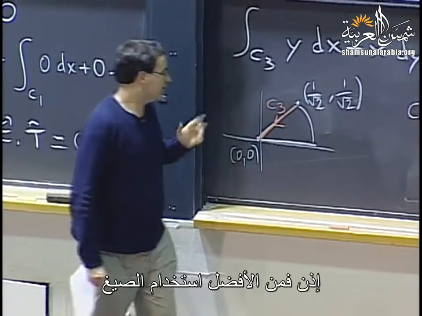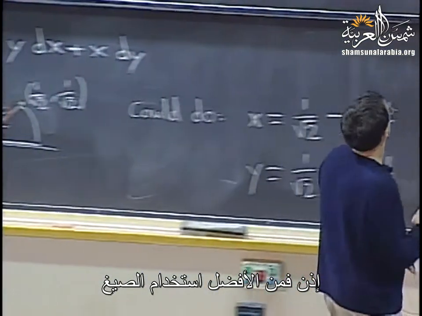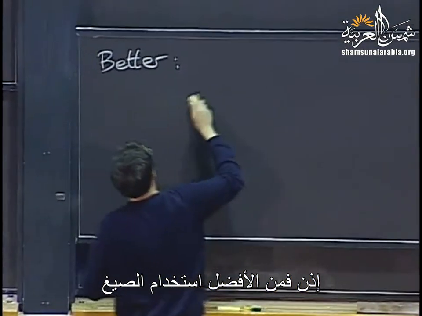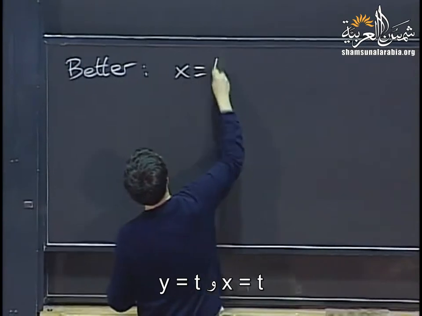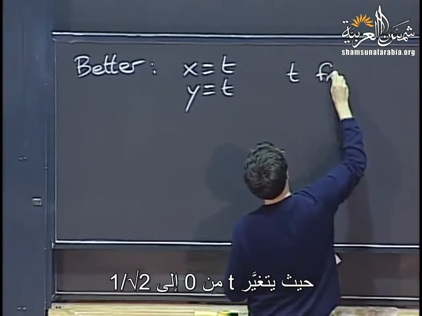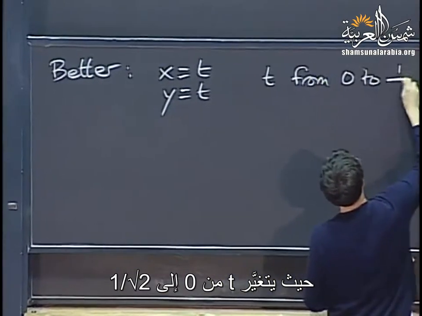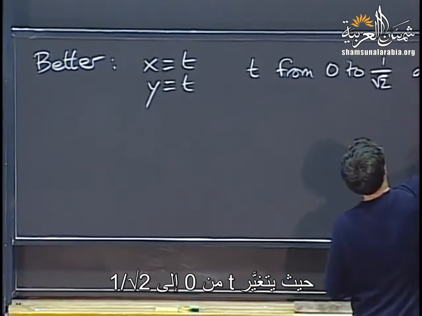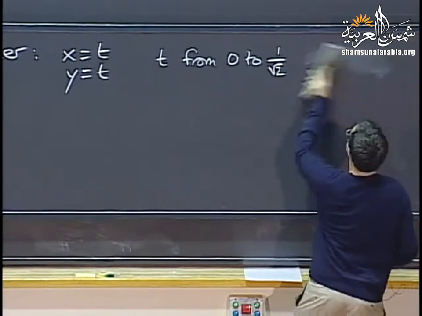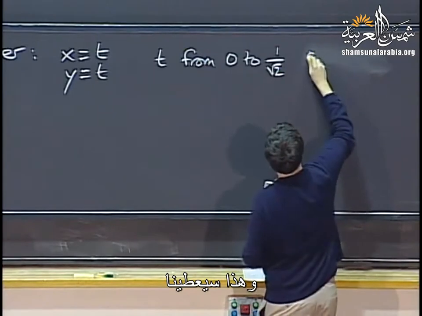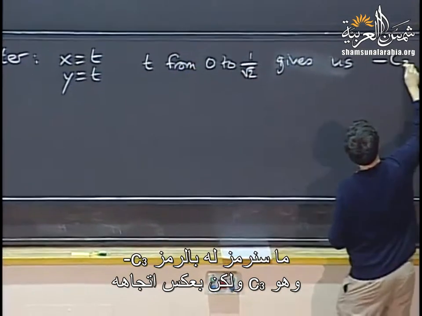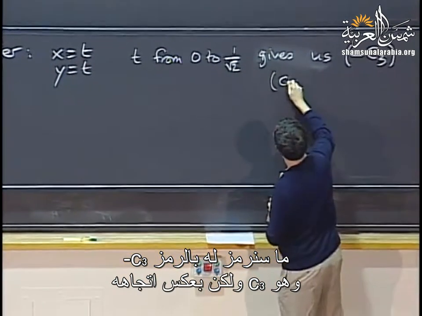So in fact, we can do slightly better by saying, we'll take x equals t, y equals t, t from 0 to 1 over root 2. That gives us what I will call minus C3, which means C3 backwards.